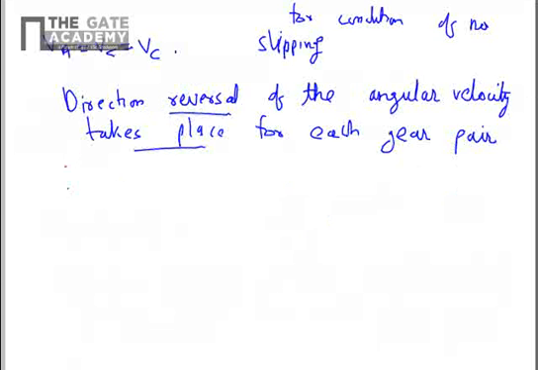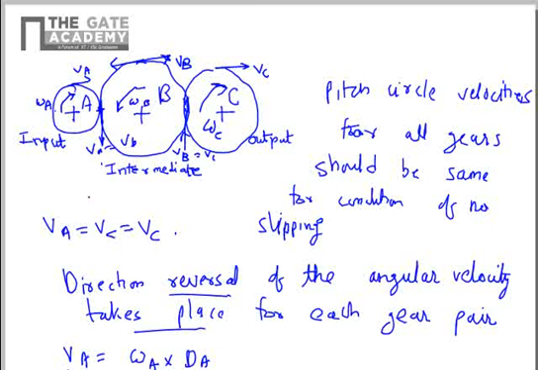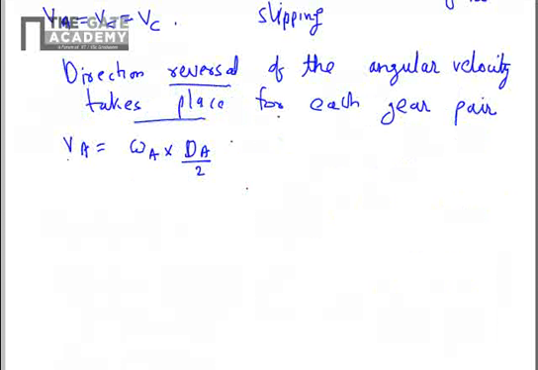If you are just taking the absolute value, then VA will be equal to omega A multiplied by dA by 2. Here D is the pitch circle diameter, and divided by 2 it will be the pitch circle radius. So RA is equal to dA by 2, and similarly RB and RC.